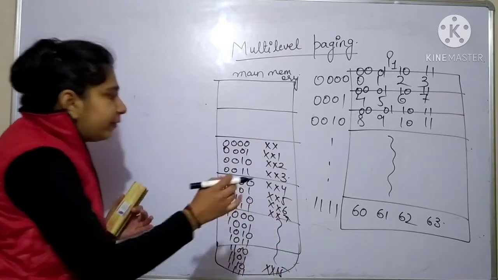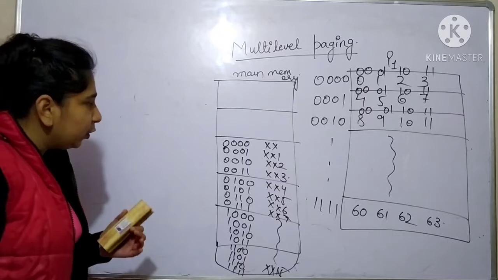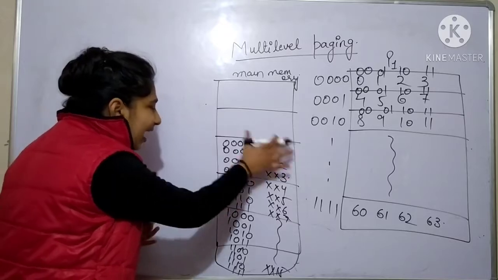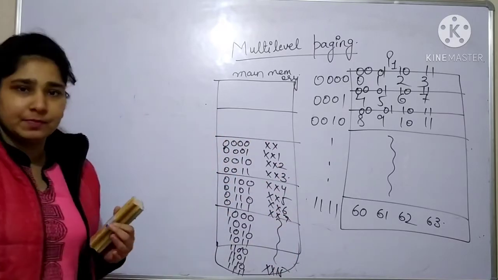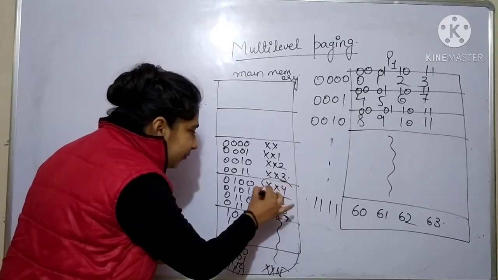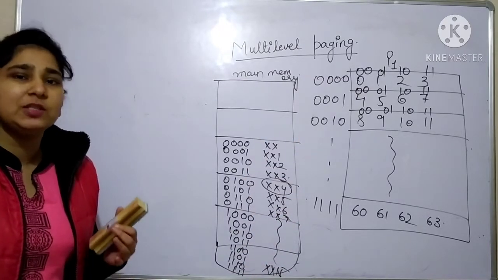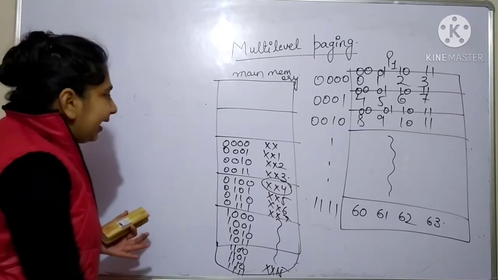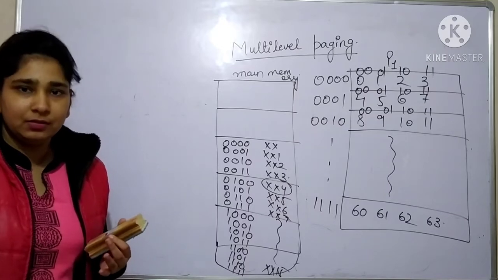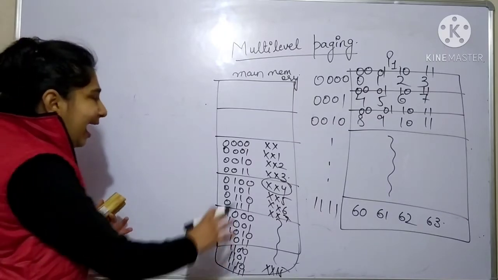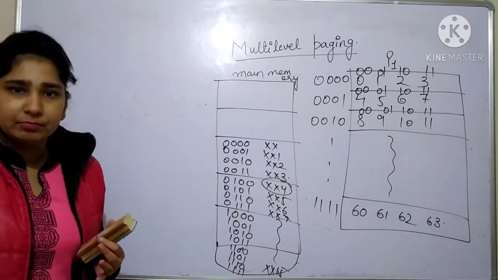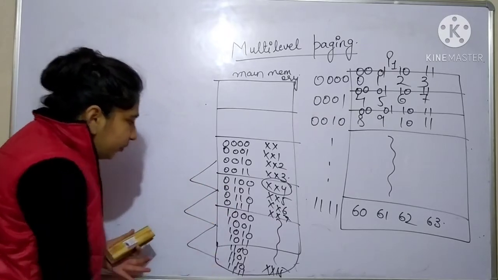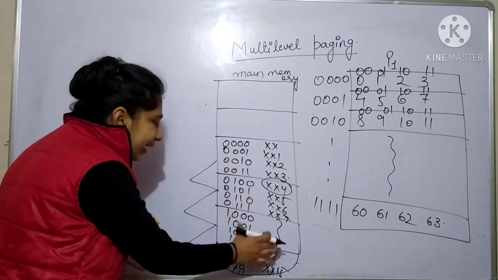If you want to give your instruction back to the CPU, we have to firstly check all these 4 frames to get the original frame number where the page is actually present. Once you go to that page, you will get your original instruction. But if you have to search each and every frame, you have to access the main memory 4 times.